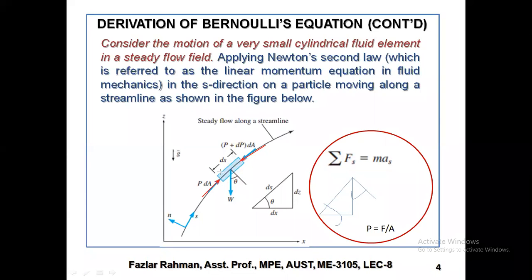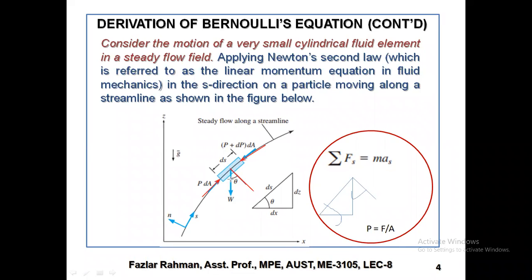And even in small dimension, this fluid element still has weight W. So this weight is working directly vertical. And I am drawing a line, this one is perpendicular to the length of the fluid element, and this angle is theta.